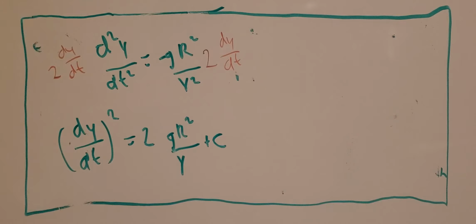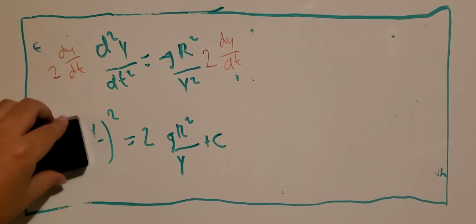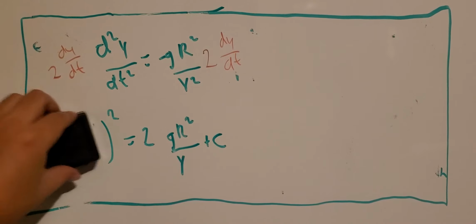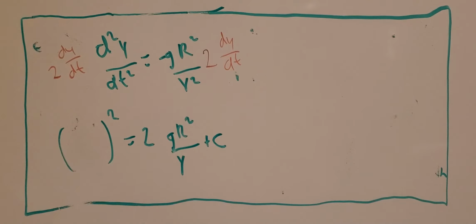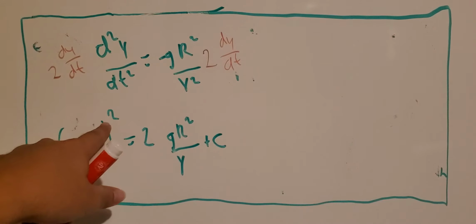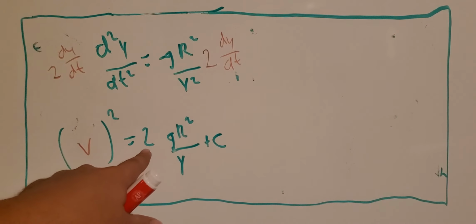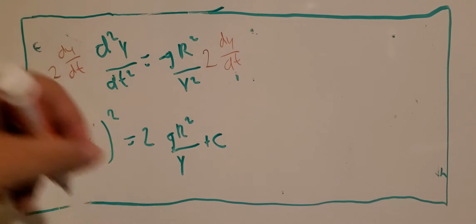So now what we could do is, for this part, dy over dt, we can substitute it with a v. And now it'll look like this. So say v, substitute v for dy over dt, but since we have the parentheses squared, it's v squared equals 2 g r squared over y plus c.